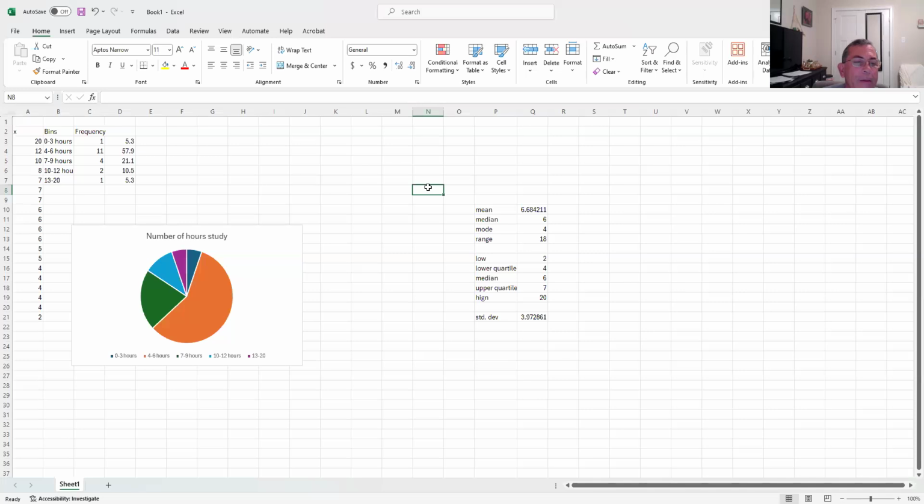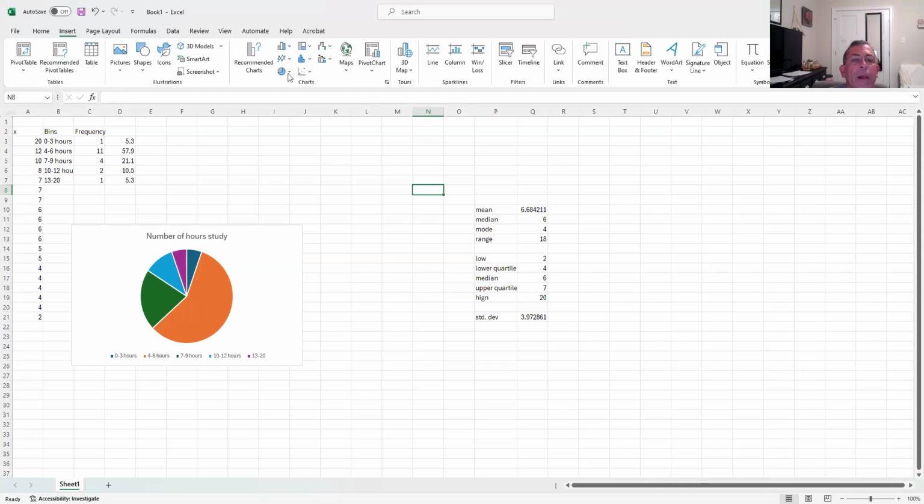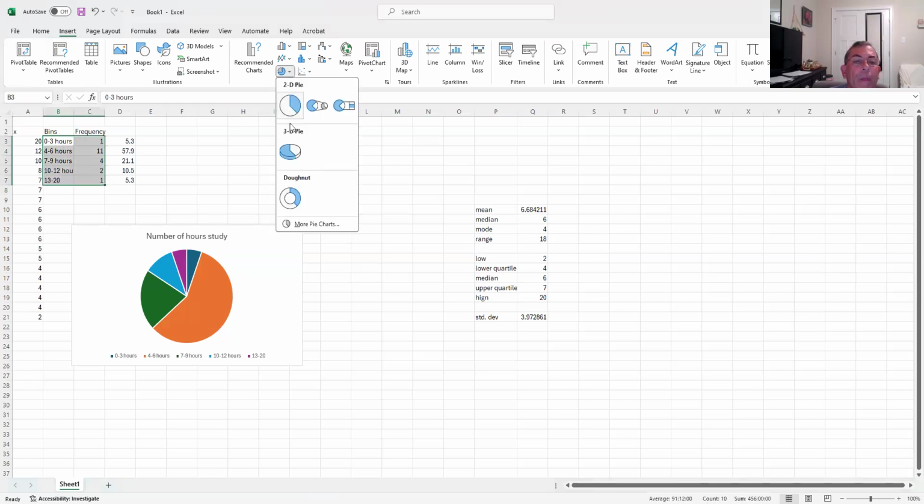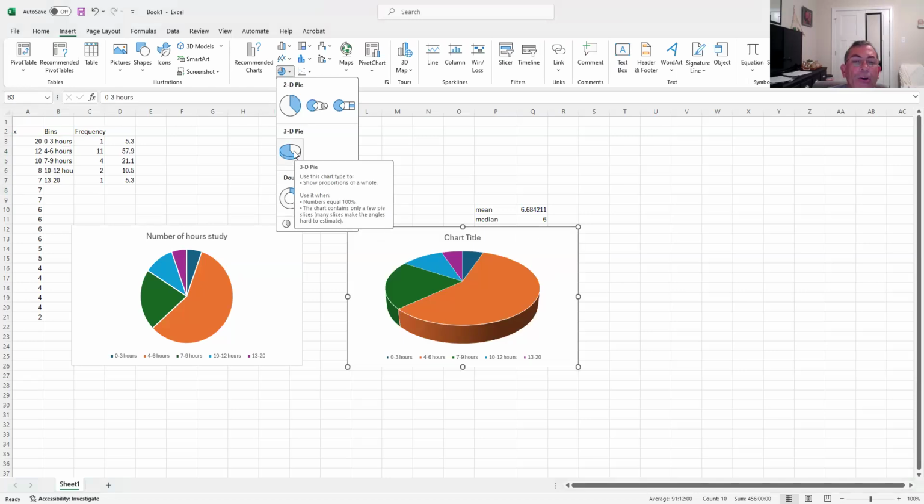So y'all, that's the main thing on this. Like I said, to do my charts, just highlight stuff and go to the insert tab up here and then go to your charts. It's pretty cool on here because you can do 3D charts. You can do a 3D pie chart.